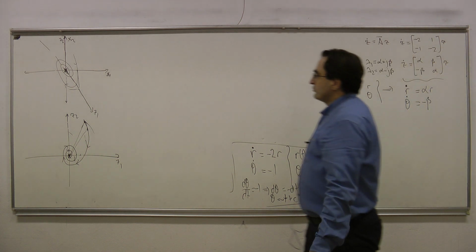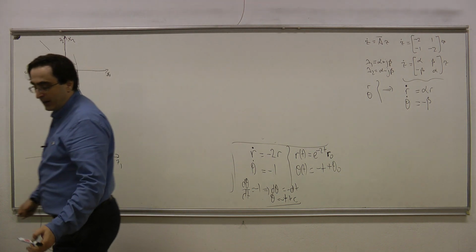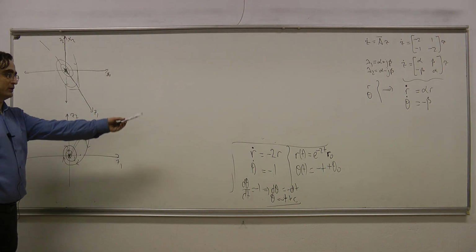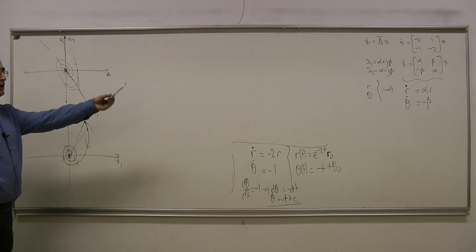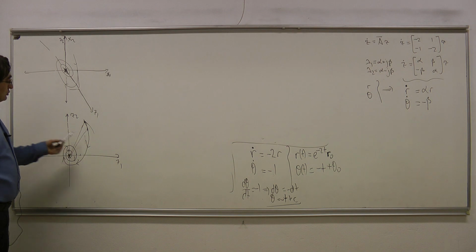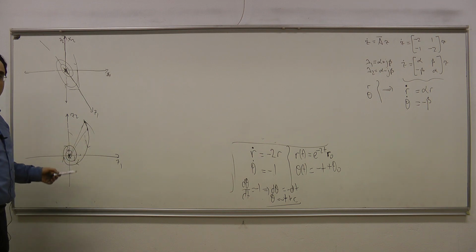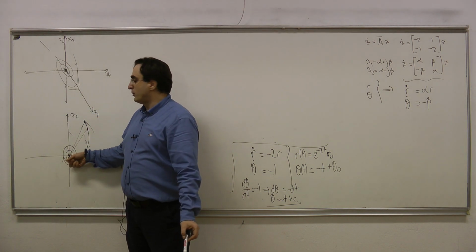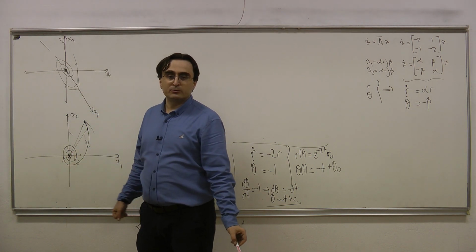So now we can try to classify these equilibrium points according to the signs of alpha and beta. Here you see that in the Z1, Z2 plane and in the X1, X2 plane, the trajectories around the equilibrium point, for this specific example, are converging back to the equilibrium point.